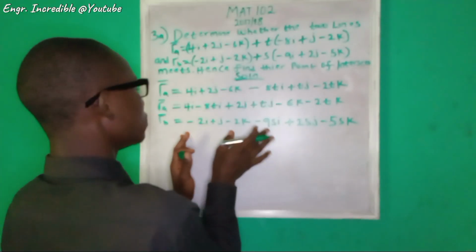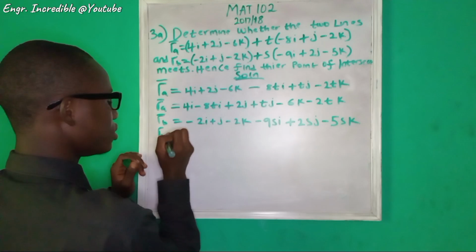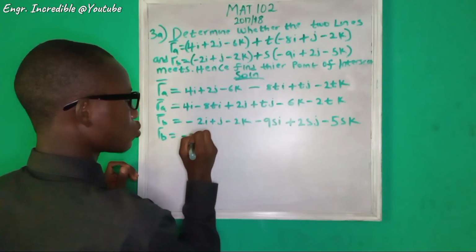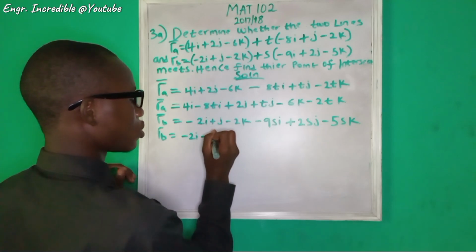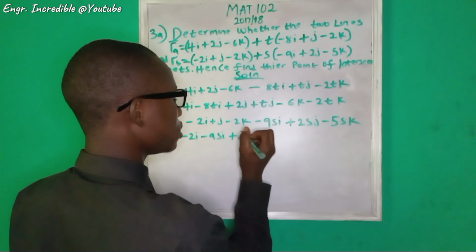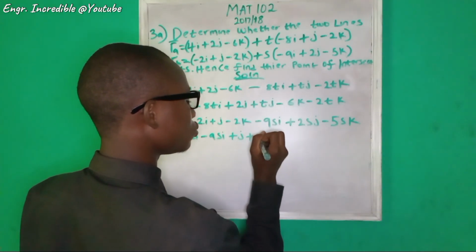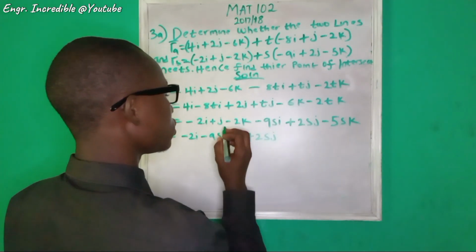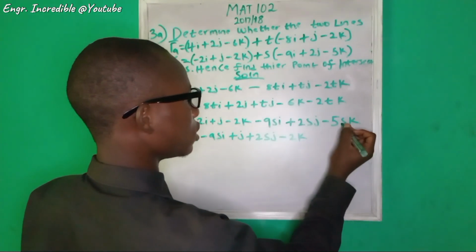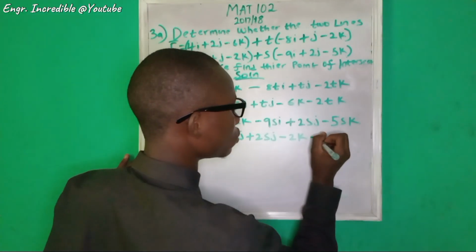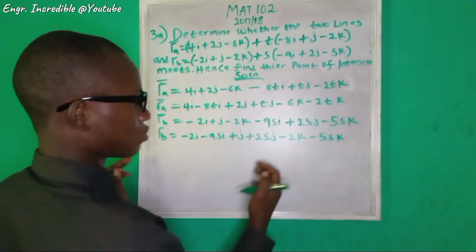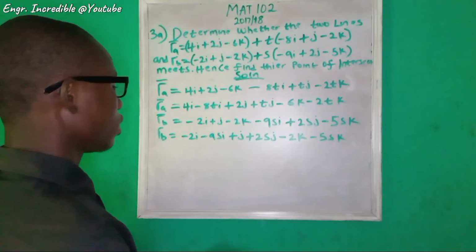Now we do the same thing as we did for r_A. Our r_B, bringing the i terms closer, is -2i - 9si. Then the j terms: +j plus 2sj. Then the k terms: -2k and -5sk. So now this is how it will be.